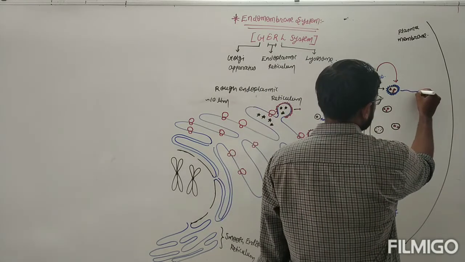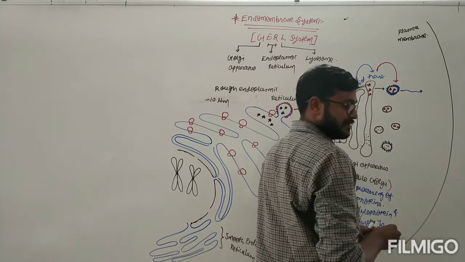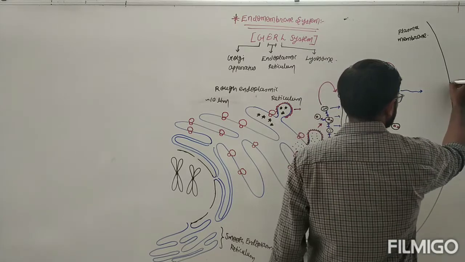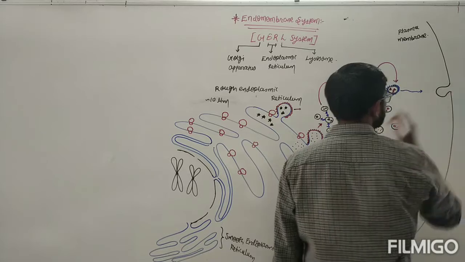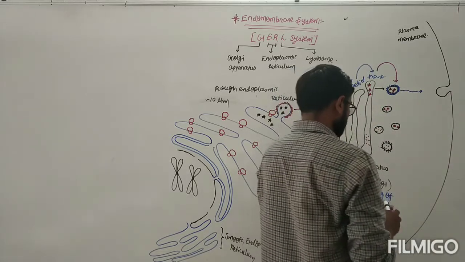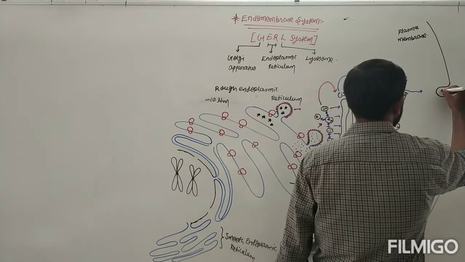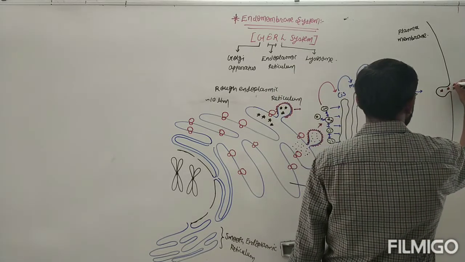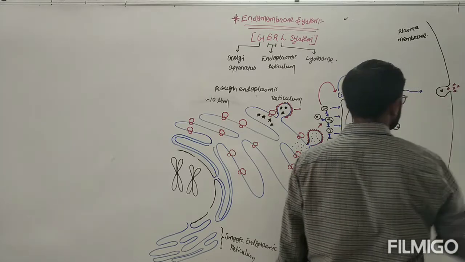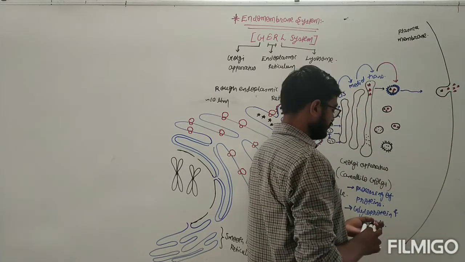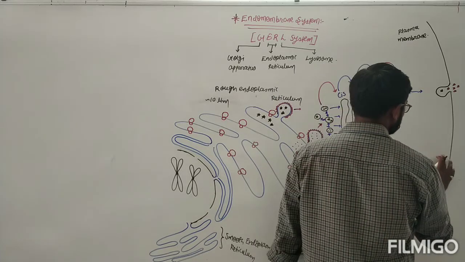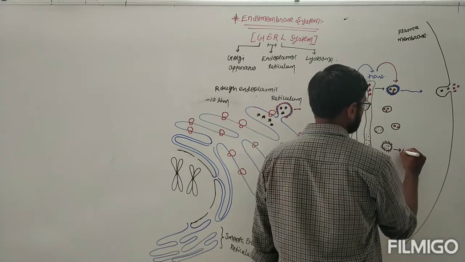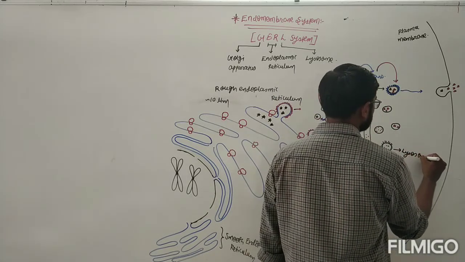These vesicles have to fuse with the plasma membrane. So they are going to fuse directly with the plasma membrane, and from there the proteins are going to be released outside into the outer environment. And here, at this place, this is going to convert into a lysosome.